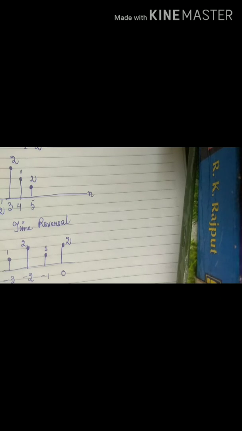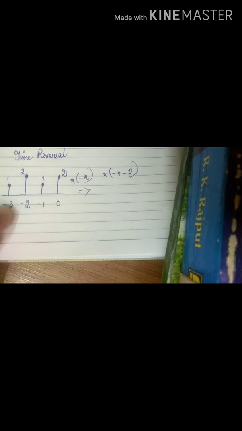So flip it over means this same signal, if this is x of -n, if I want to shift it by x of -n -2, that means the signal, instead of starting at n equal to -3, it should start at n equal to -3 -2, that is -5.